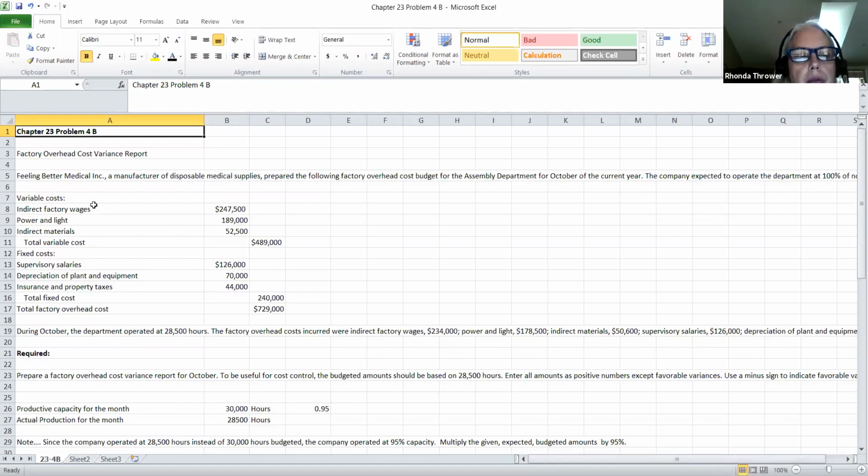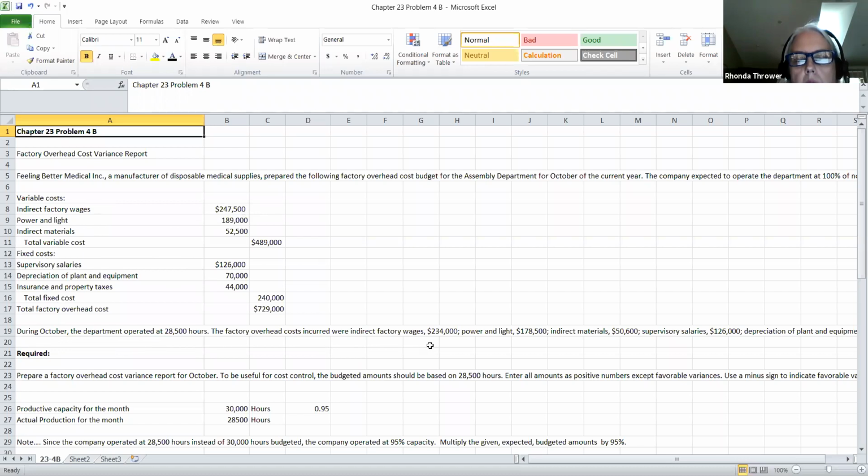They've given you the following variable cost as well as the fixed cost for the factory overhead. This budget is based on 100% capacity, which is the 30,000 hours. Now notice in their additional information, they tell you that during October, the department actually operated at 28,500 hours.